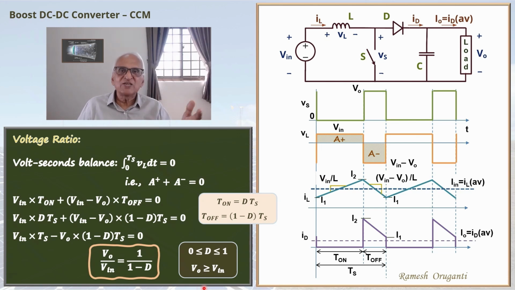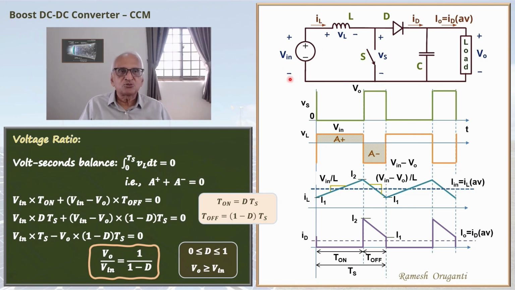There are a few more ways of getting the same result. One other way of getting this equation is to look at the input side of the boost converter. The average inductor voltage or the DC voltage across the inductor has to be 0. That's another way of talking about the volt-second balance. So the switch average voltage will be equal to the input DC voltage.